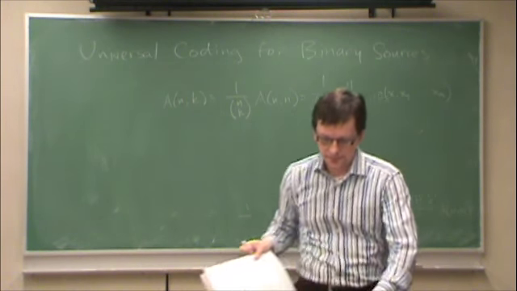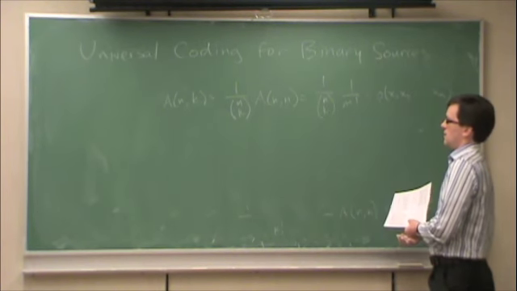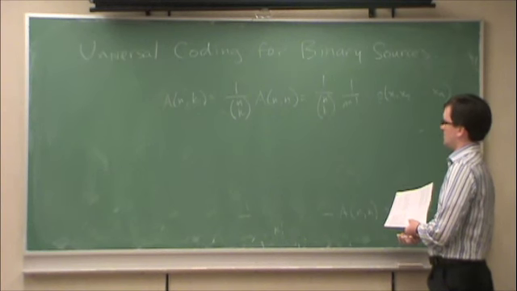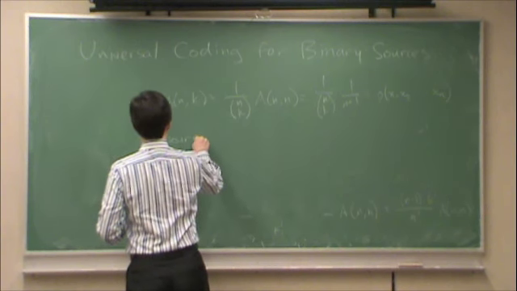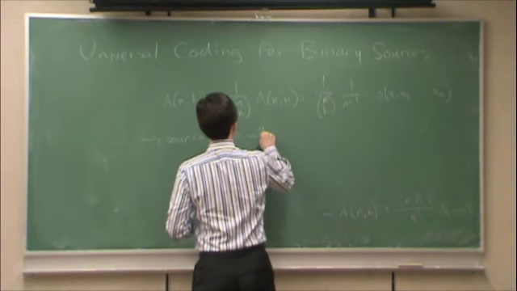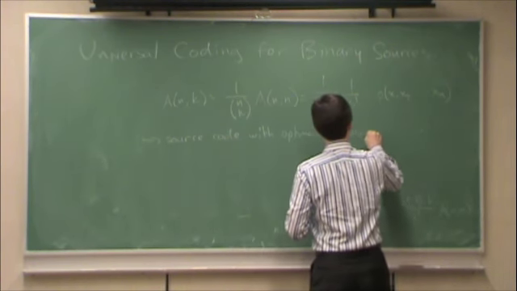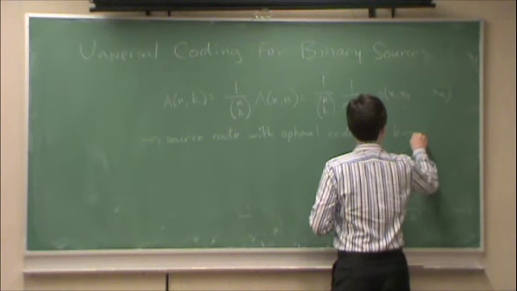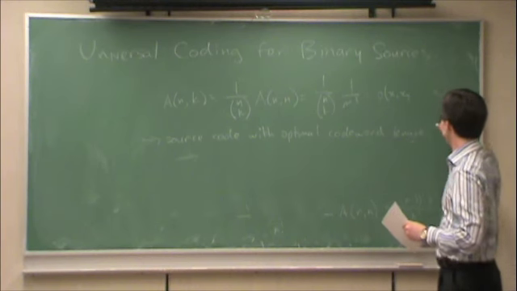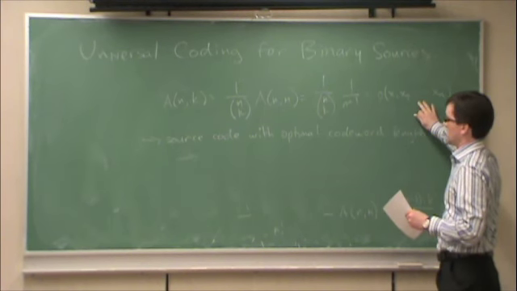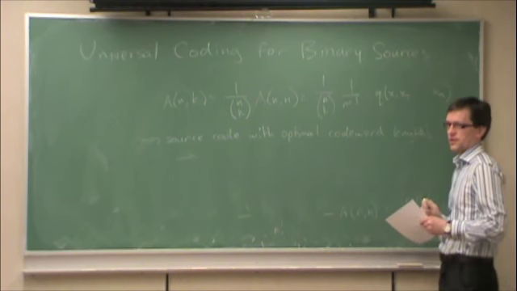So now, if I wanted to create a source code with optimal code word lengths, what I would do is I would take this value. Actually, this is not the true probability. Let's not call that p, let's call that q, because it's not the true probability, it's some other function.